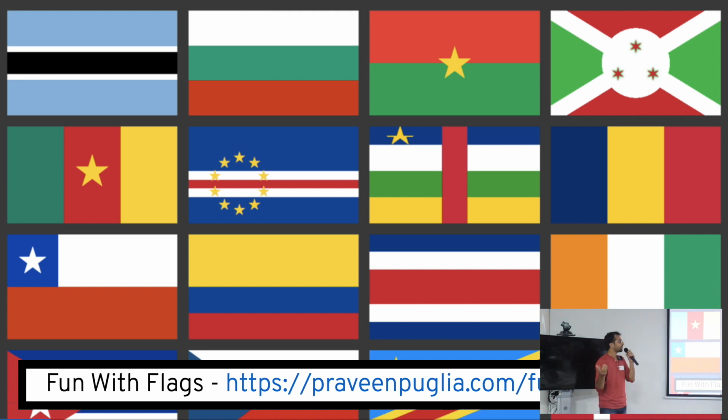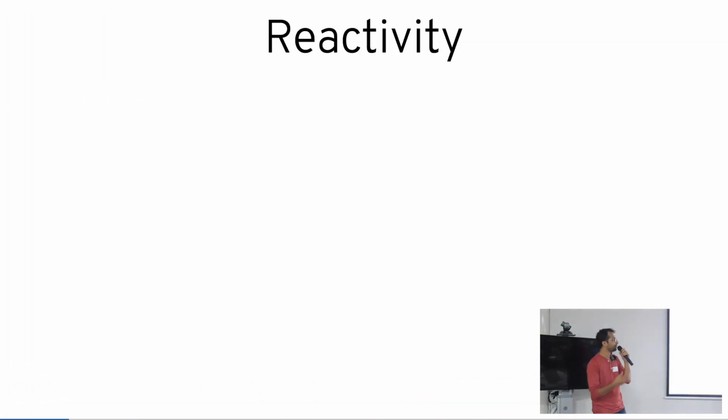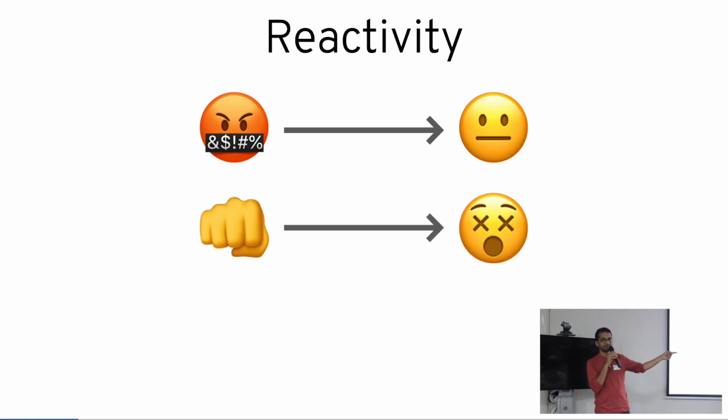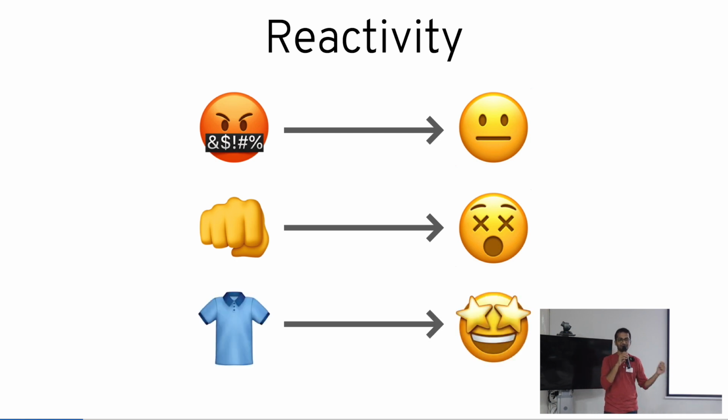So let's get back to reactivity. What is reactivity though? I keep using this word again and again, but what is it? Say after I'm done with the talk, all of you come to me and say this was the worst talk ever. My face is going to look like that. And right after that, if all of you punch me, I'm going to be dead. Or in between, if Rahul comes in and gives me a lot of t-shirts for free, I'm going to be like this.